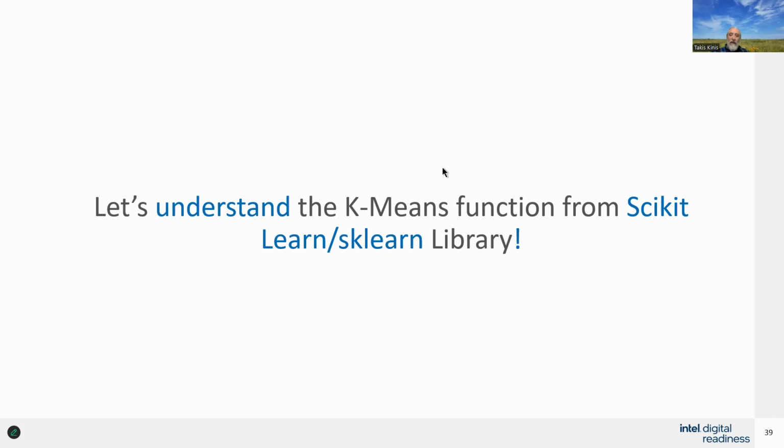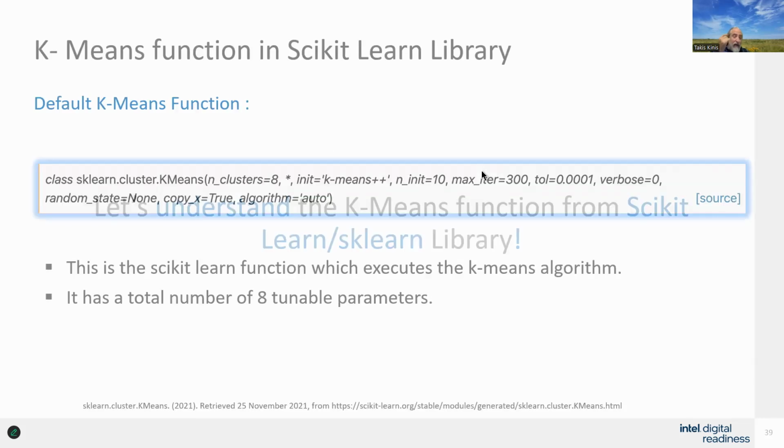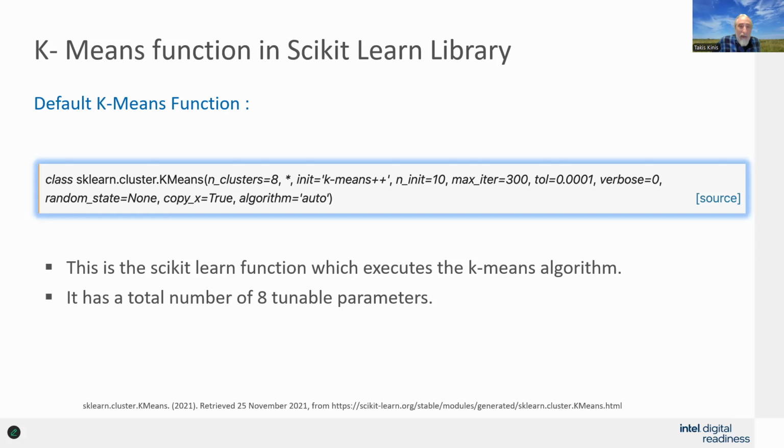All right. So the k-means function, when we start to code in Python, comes from scikit-learn. That's a library we've been playing with recently. It has tools built in for doing clustering with k-means, and it's got a number of different parameters. You can see here that they call it 8 tunable parameters.